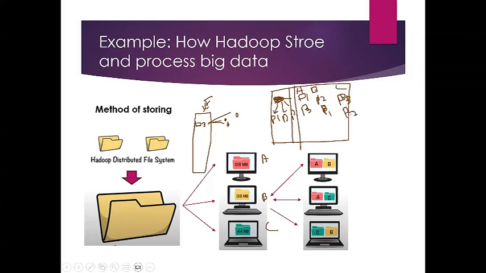Now the thing is, in case the B server is crashed, the system still has P1 and P2 in two other locations, right? If in case this one is crashed, it still has P3 and P2 in two locations, right?